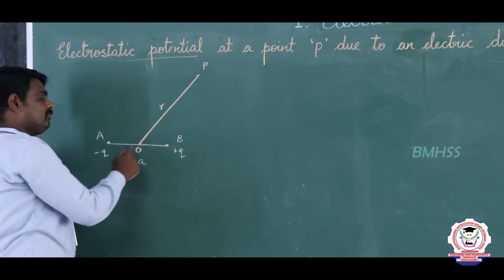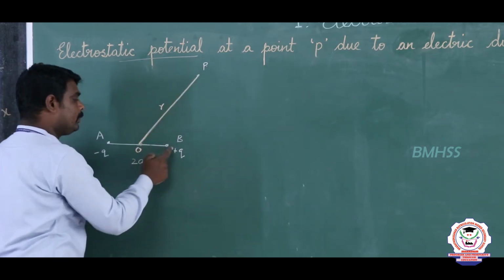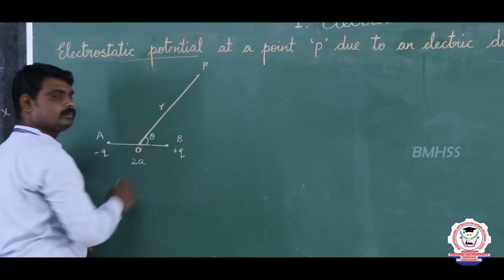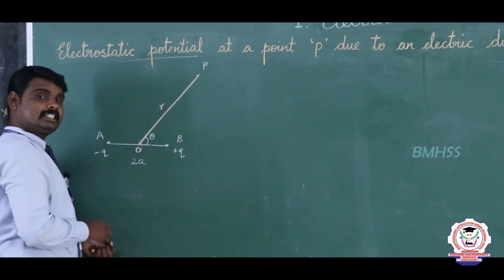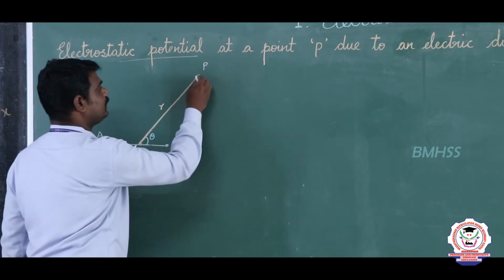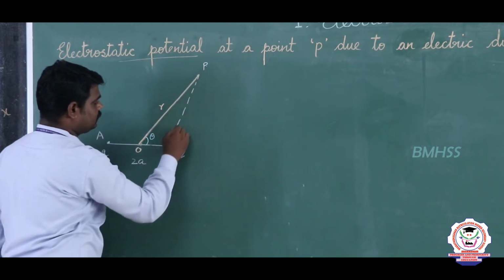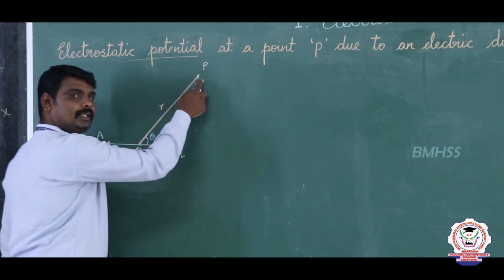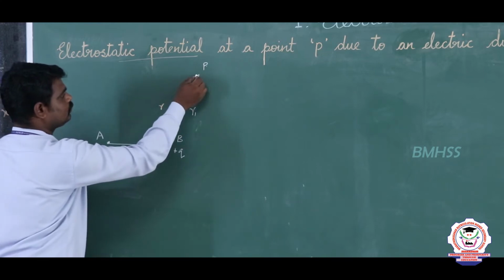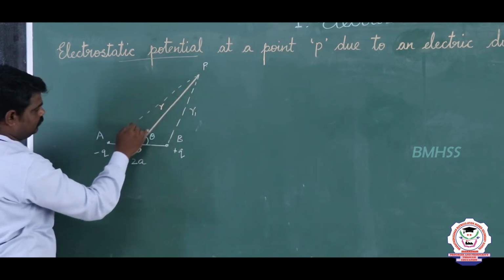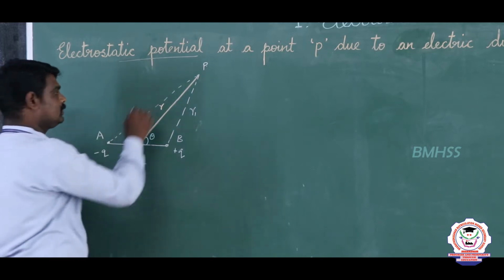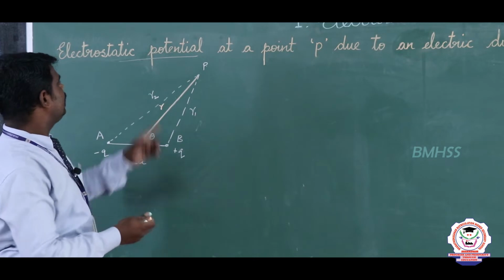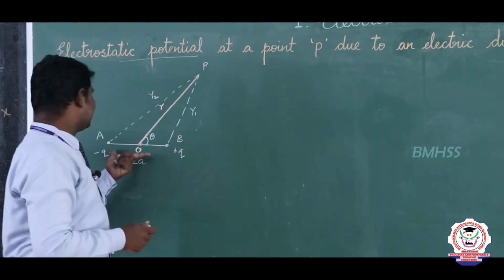The angle between OP and OB is theta. Then the distance between B and P is r1, and the distance between A and P is r2. Now, what is the potential at point P due to this dipole?